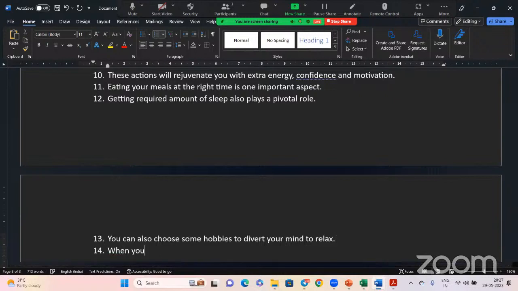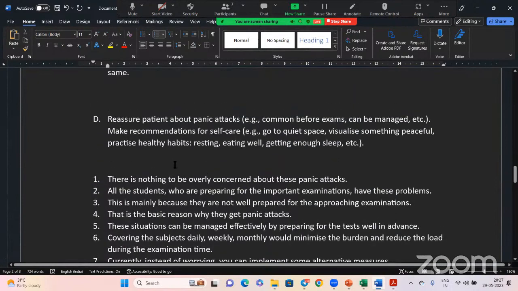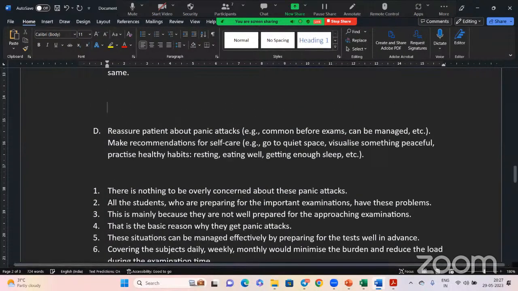When you are back to normal, you can definitely continue with your studies. So this is how you can give the points, reassurance.